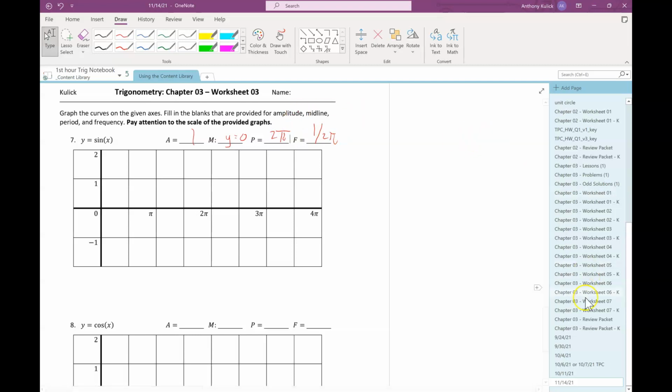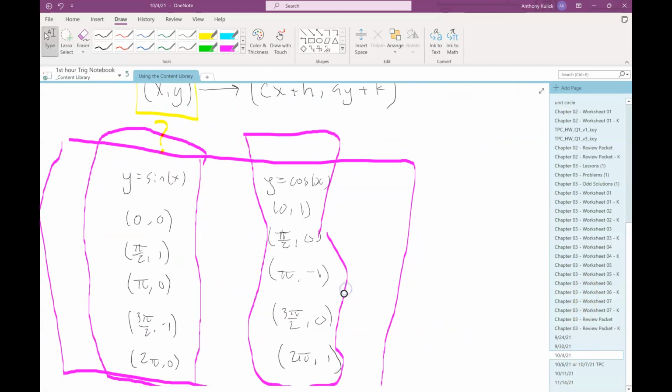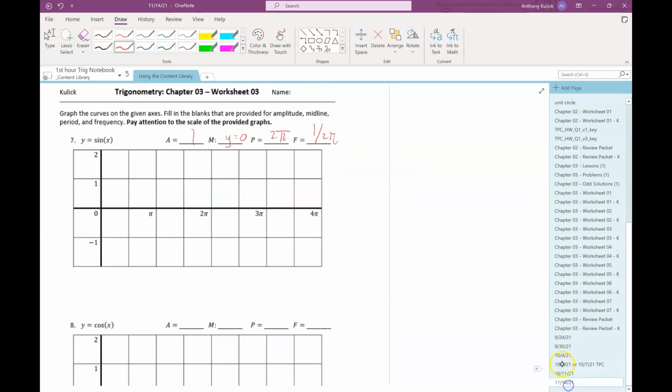And then the next thing I'm going to do, also in the notes, is my key points for sine are right here. I'm going to start by plotting those points, since my graph is sine. So 0, 0; pi over 2, 1; pi, 0; 3 pi over 2, negative 1; 2 pi, 0. So I'm going to draw that part.